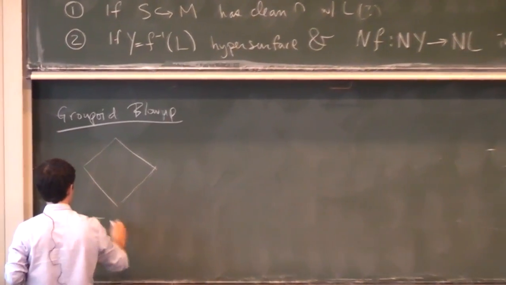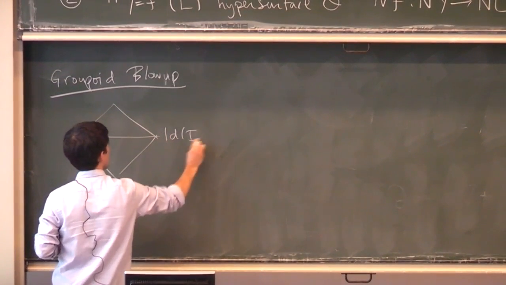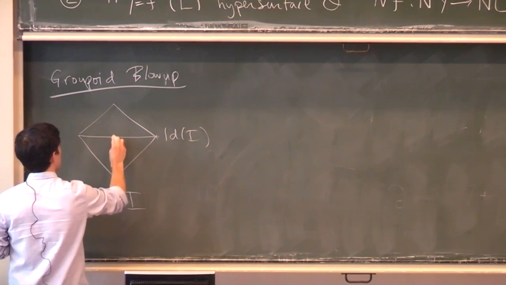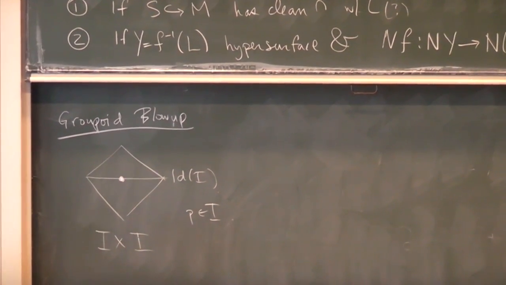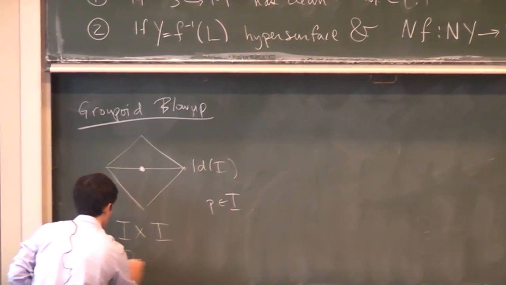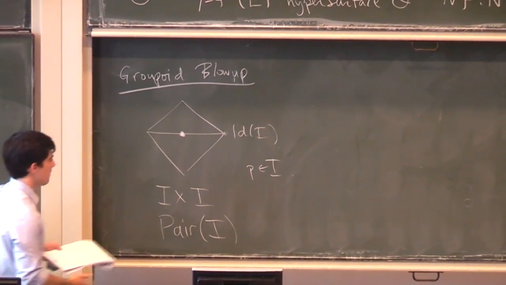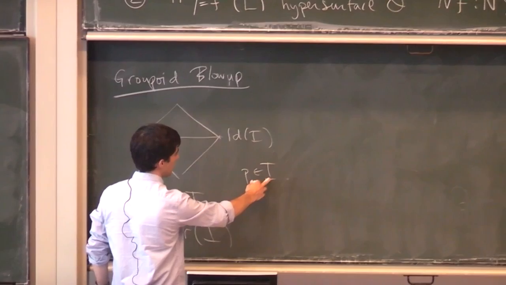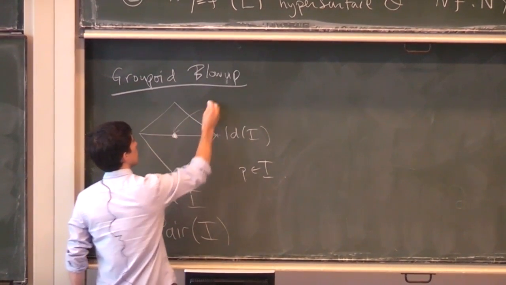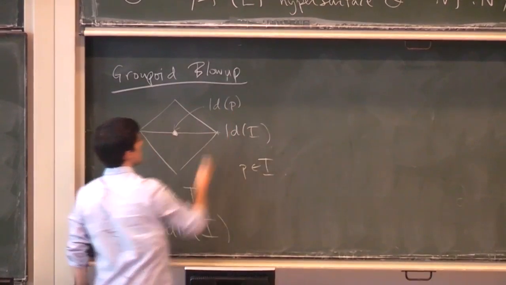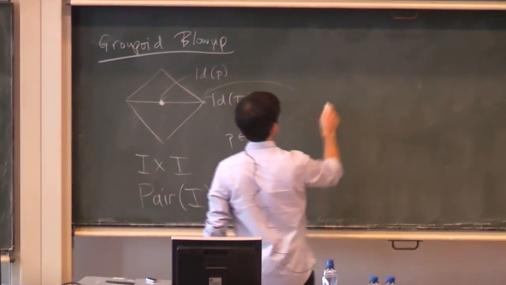So this is I cross I. This is the identity of I. And I choose a point in I. Here we just have the pair groupoid, which I'll call pair of I from now on. Now notice that the point in the interval is of codimension 1. However, this, which is the image of that point under the identity map, is of codimension 2. Therefore I can blow it up.